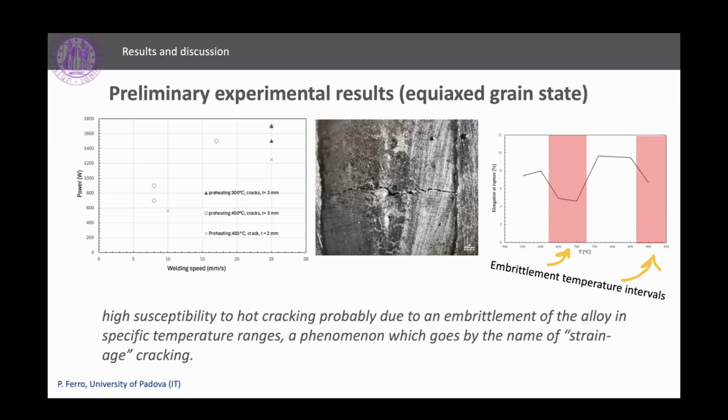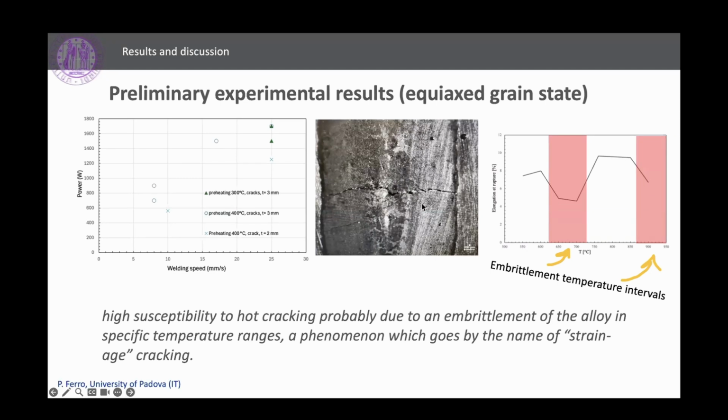In all the trials, we were not able to obtain sound welds, in the sense that in all trials we found transversal cracks that you can see, for instance, in the central figures of this slide.